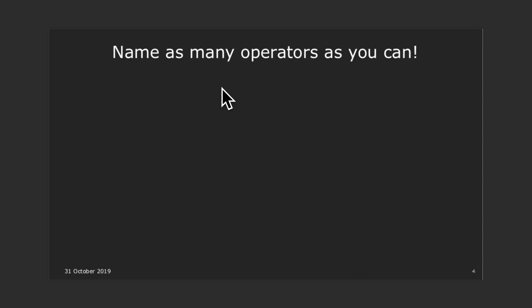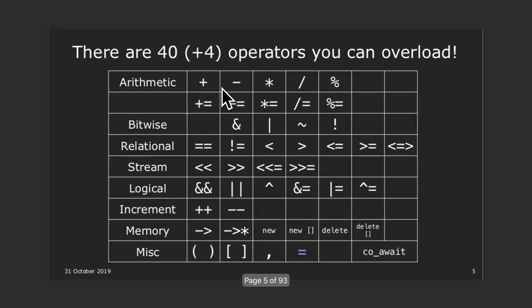Any more exotic operators? No. Okay. One of the most exotic ones is the comma. The comma is actually an operator, and there are very rare uses of it. There are 60-something operators, and around 40 of them you can overload.